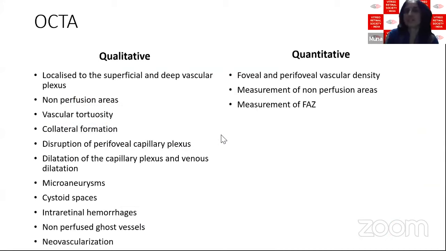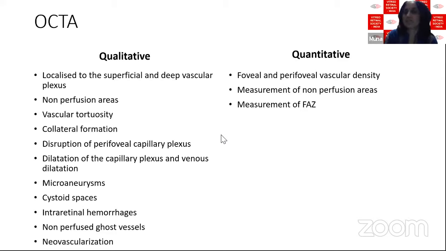So what are the changes that you would see in vascular disorders? They could be qualitative or quantitative. As I mentioned earlier, they are localized to the superficial and deep vascular plexus, and these include non-perfusion areas, vascular tortuosity, collateral formation, abnormalities of the perifoveal capillary plexus as well as the peripheral capillary plexus, dilatation of the veins, microaneurysms, cystoid changes, non-perfused ghost vessels, and neovascularization.